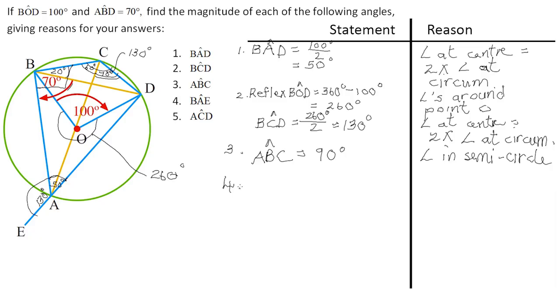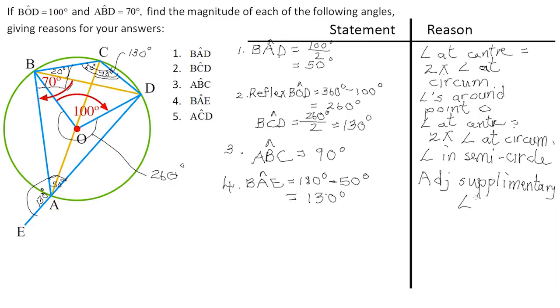So you can say number 4, BAE is equal to 180 based on the diagram minus 50, and that is equal to 130 degrees. What's the reason? Adjacent supplementary angles.